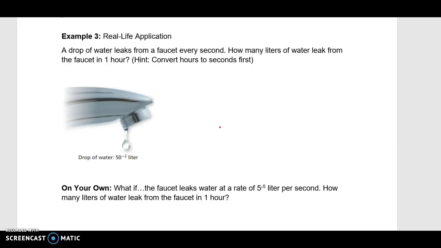So the hint says the first thing in order to even figure this out is we have to convert our hours to minutes. So in chemistry, this is how you set it up. If you have 1 hour, you know that in 1 hour, you have 60 minutes, right? You always put your units diagonal from each other.